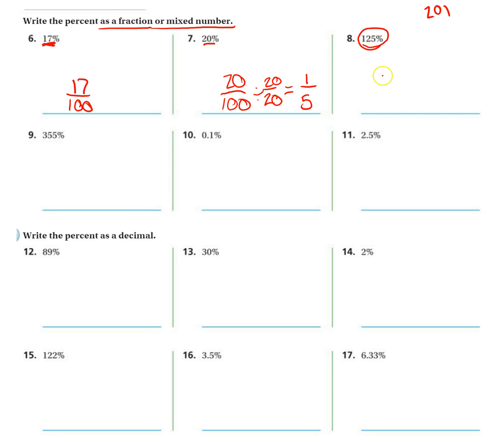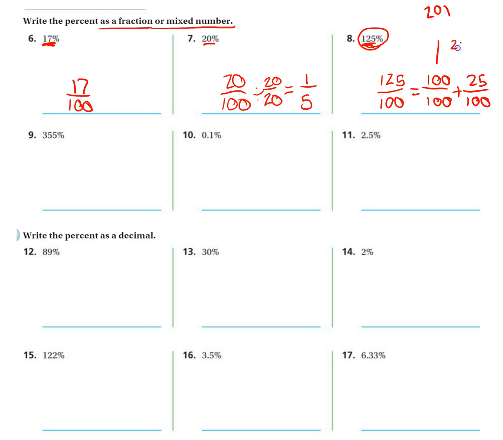125%. So that would be 125 over 100. Percent means per 100. How many per 100? 125. So here, remember, this is equal to 100 over 100 plus 25 over 100, and 100 over 100 equals 1 whole.